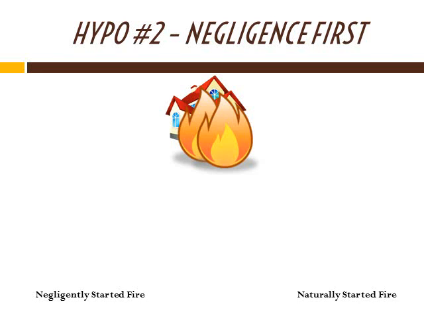So in this case, we could actually say that the negligently started fire was a cause in fact of the plaintiff's house burning down. However, we can't say that the plaintiff suffered a whole lot of damages because the house was going to be burned down 20 minutes later by the natural fire anyway.